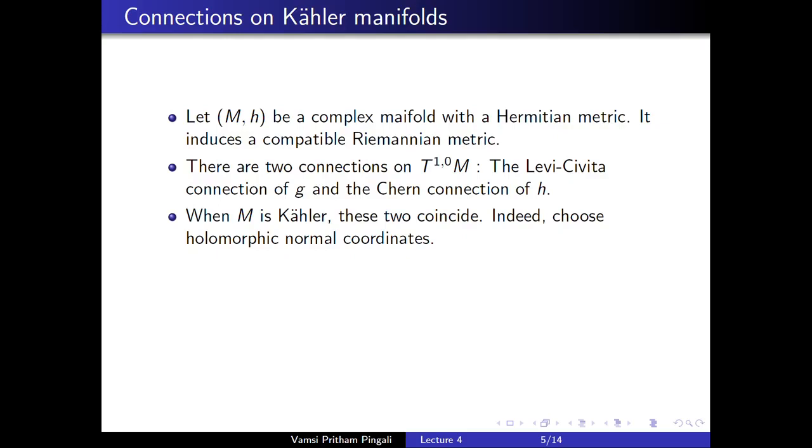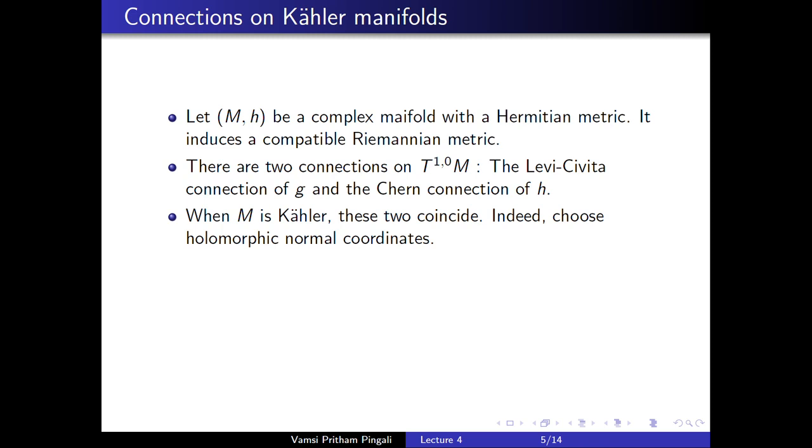What is the meaning of the phrase holomorphic normal coordinates? Omega, g, h, all of these are standard up to first order. That is, they are all Euclidean, and the first derivative is 0 at that point.